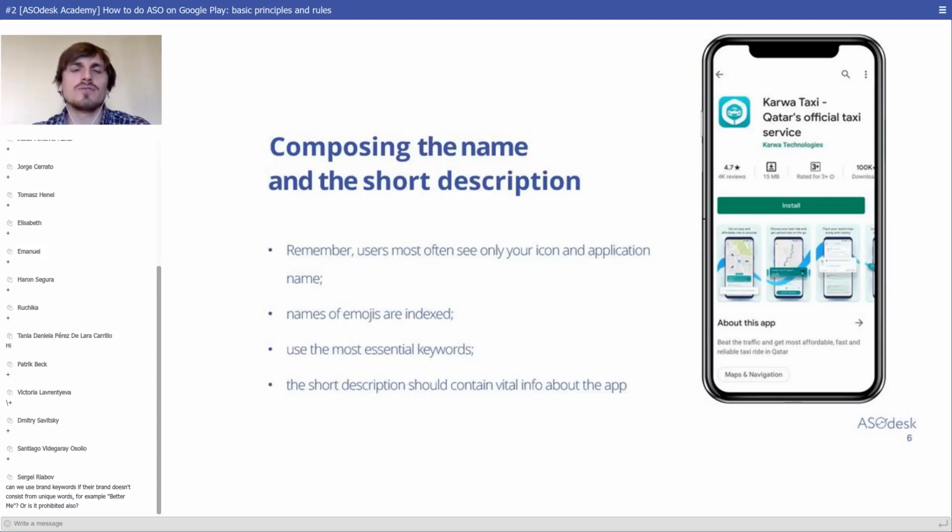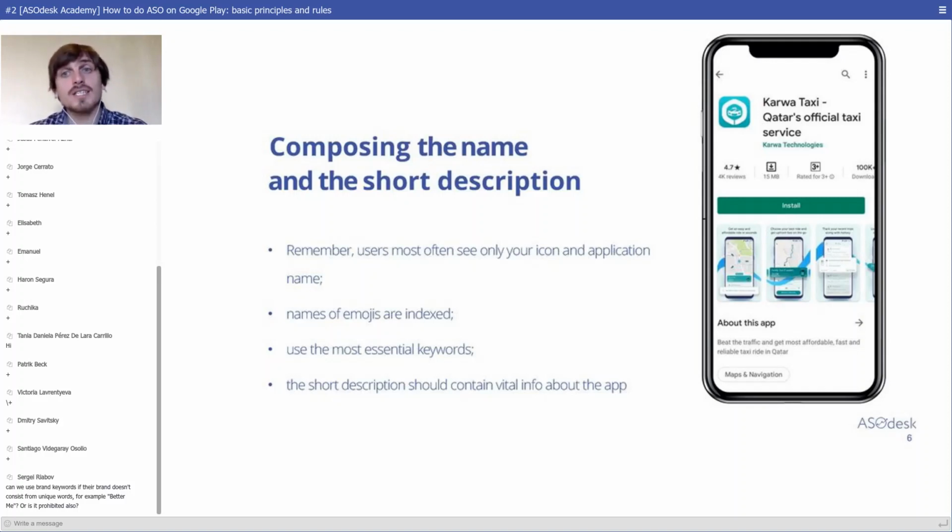This is not relevant for me if I'm looking for a taxi app in Saudi Arabia. Why? Because a lower retention rate on Google Play affects app visibility in the store. So the ASO practitioner working with this app put this country name in to avoid a situation where people download the app and then see that this app is not working in Saudi Arabia, this is Qatar taxi, so they delete it. It's very bad for app listing and app relevancy on Google Play.